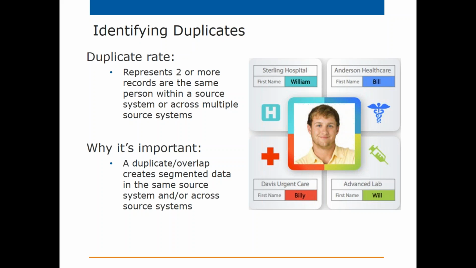And so you want to merge those on the same source side. And then if it's across multiple sources, you can either do that within your system if you have the ability with an outside EMPI, or you can have the HIE link those records together. So that's kind of where you can help with a connected community is, hey, these 2 people should be the same person, so let's go ahead and link those records together.